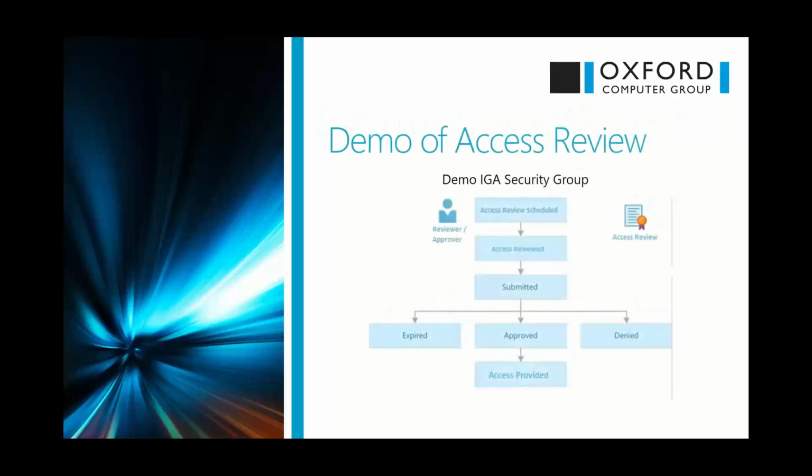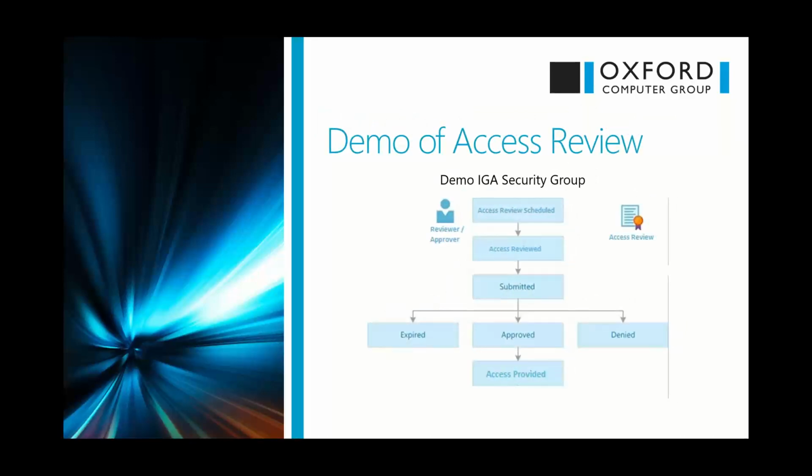And then the second piece of the demo is a demo of access reviews. We're going to do an access review on the demo IGA security group. We're going to have a reviewer or approver.